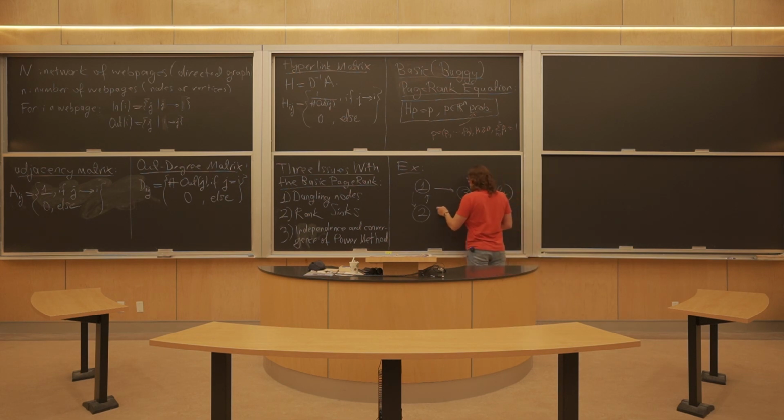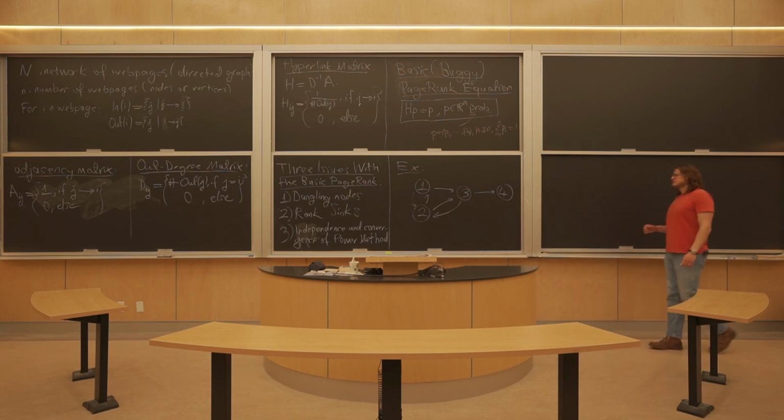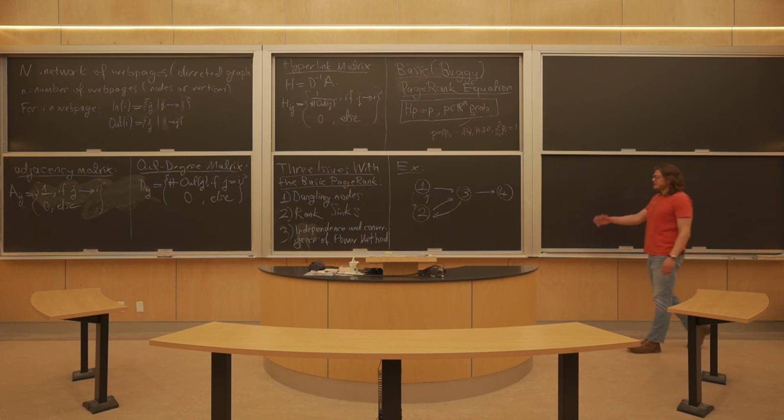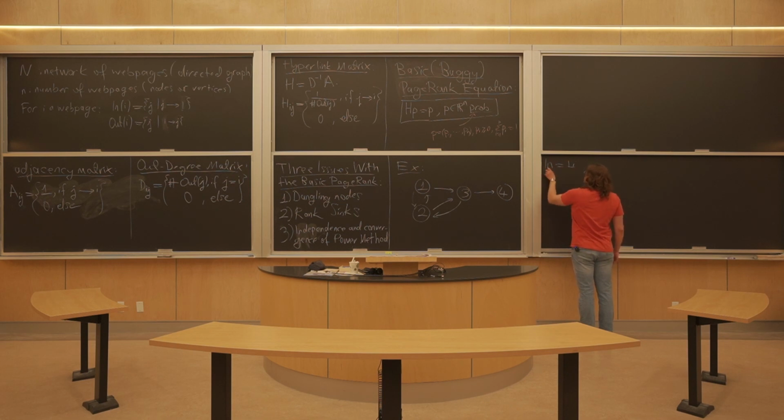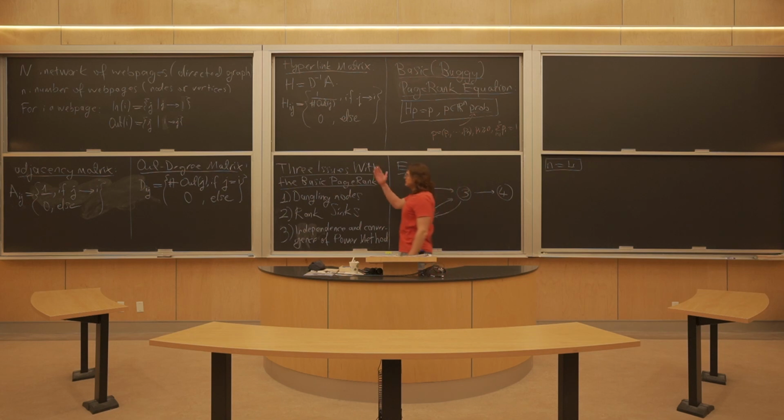And then you have this, and then that. Okay, that's a valid network of web pages. It consists of 4 web pages, so n is 4 here. Now all of these matrices are going to be 4 by 4.